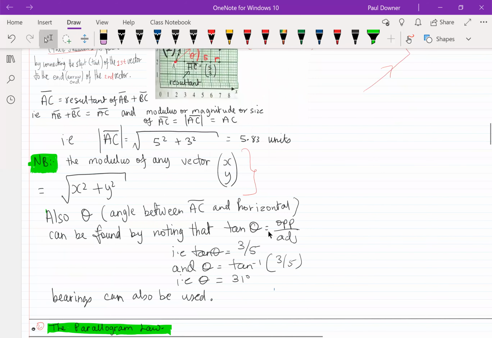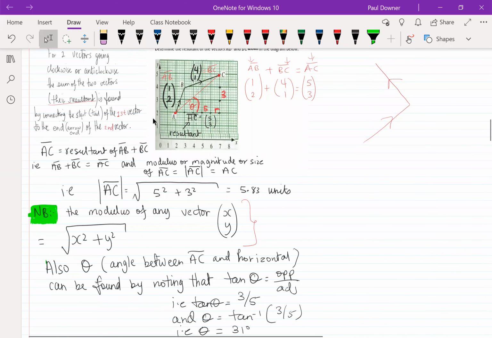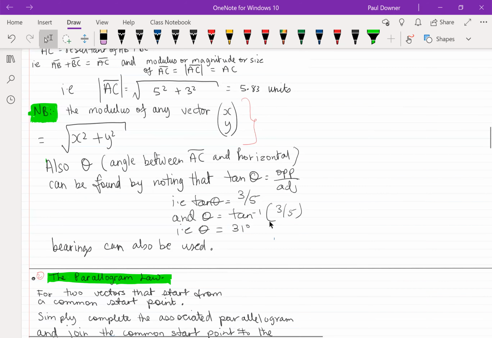And in that case, tan theta would be opposite over adjacent, which is always the y component over the x component. And then we can work that out, right? Of course, if tan theta is 3 over 5 using this relationship, theta will be the inverse tan of that, which gave us 31 degrees in this case.